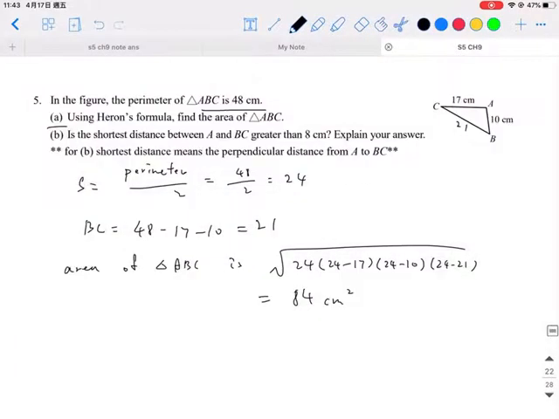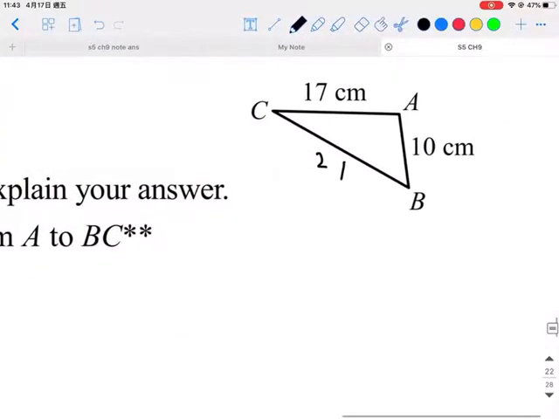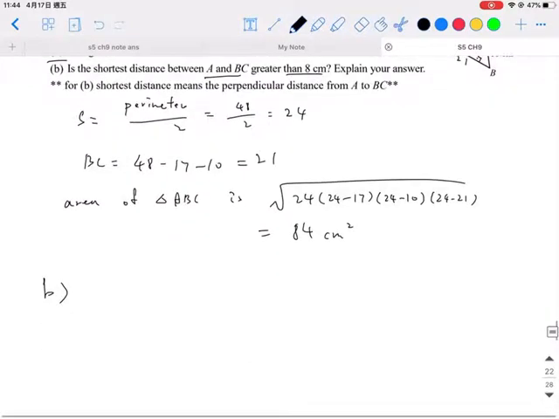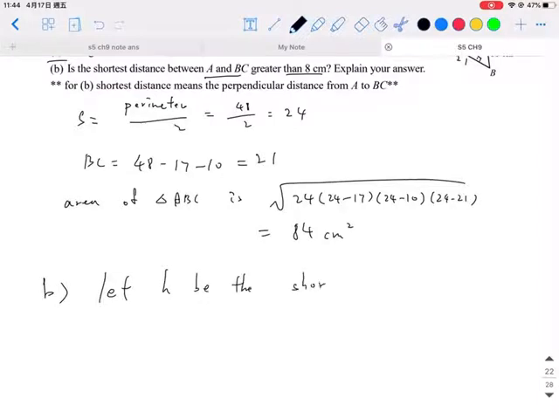So that's the first part. And the second part is the shortest distance between A and BC is greater than X cm. So for part B, where is the shortest distance from A to BC? It should be a perpendicular distance. Okay, so that means it's the height of the triangle with BC as the base. So therefore, we can let H be the height, or the shortest distance between A and BC.